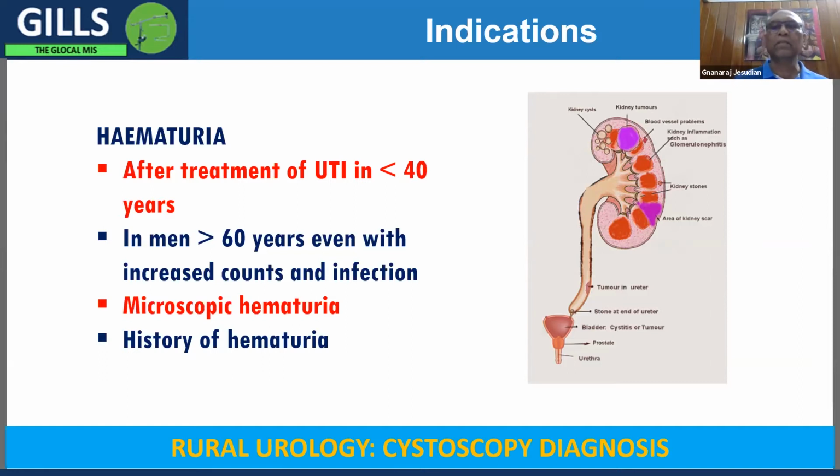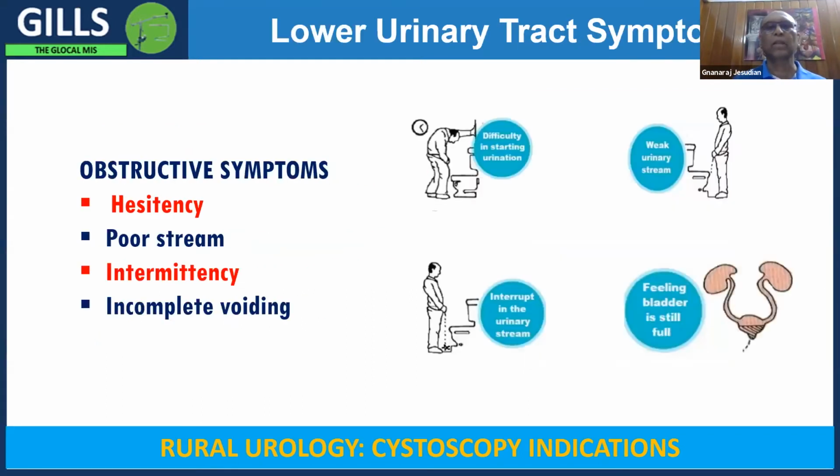Or even if they have any history of hematuria, all these warrant cystoscopy, because the earlier you diagnose conditions like a bladder tumor or urothelial tumors in the ureter or kidneys, it is much easier to treat. So any hematuria or any history of hematuria is an indication.